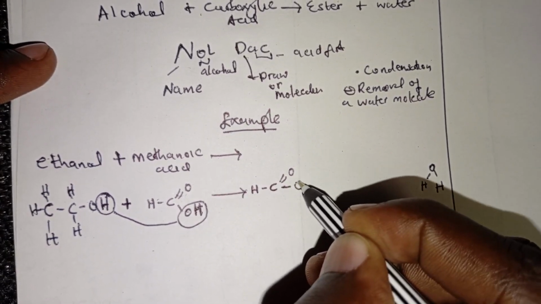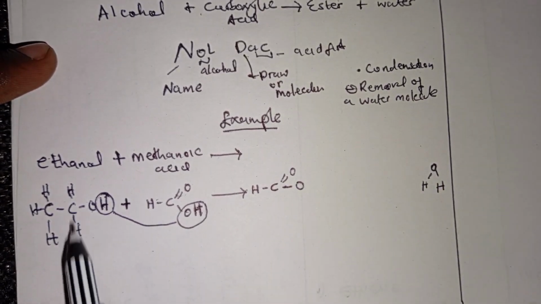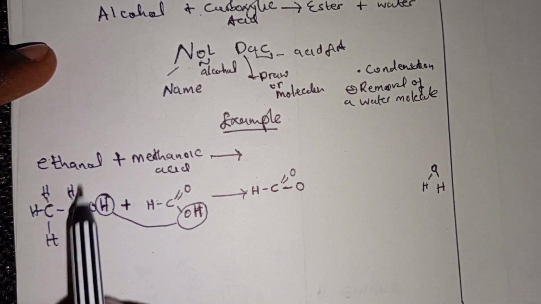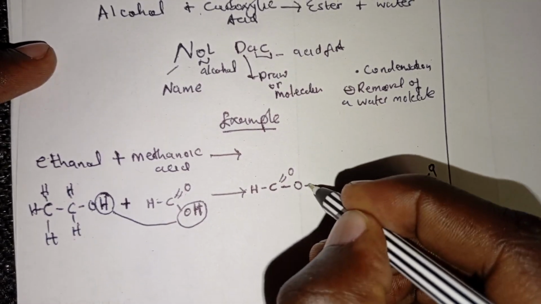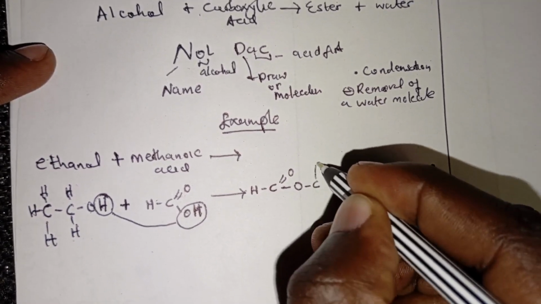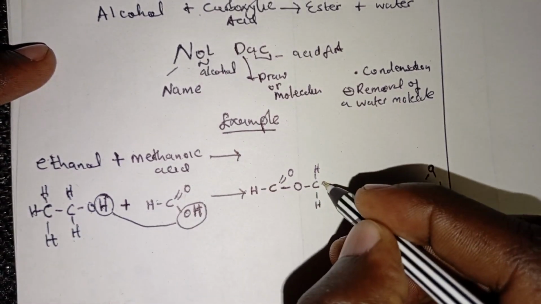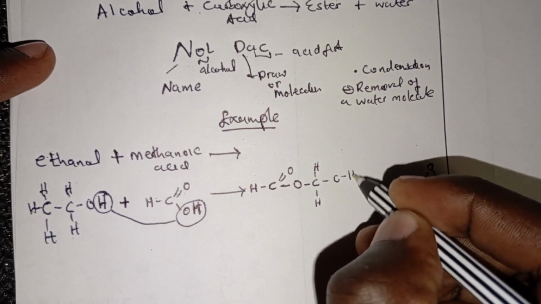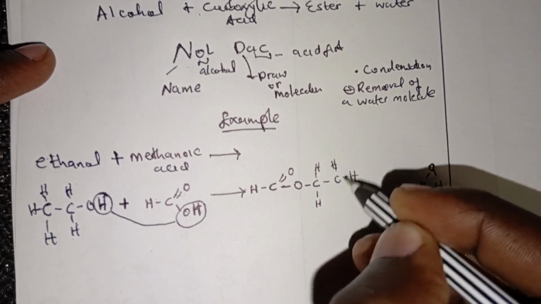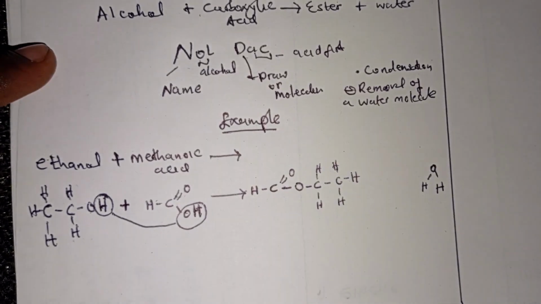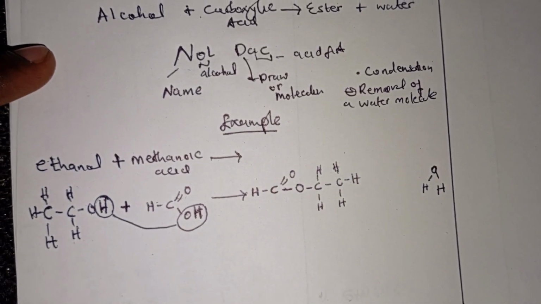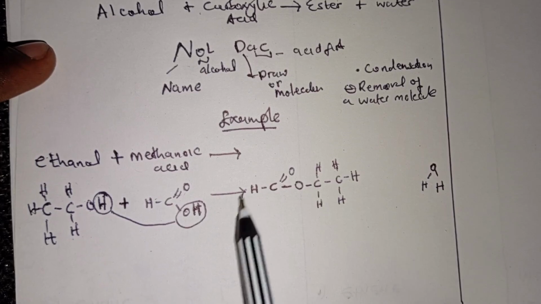So the O, and then comes this C with its H, H and H. So that is how you draw the ester. This is the ester which we've drawn.